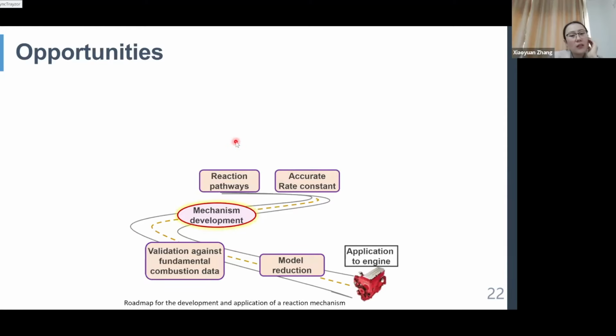Well, you may think there is no space for studying the core reaction mechanism because it is already accurate enough. However, this is the roadmap for mechanism development. We can see the reaction pathways and accurate rate constants are the sources for model development.